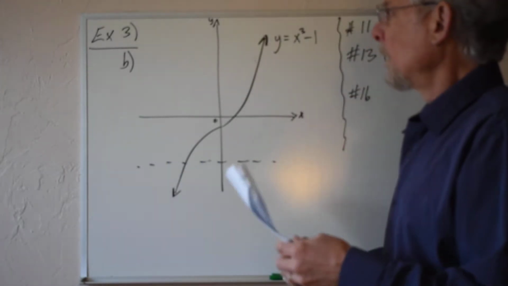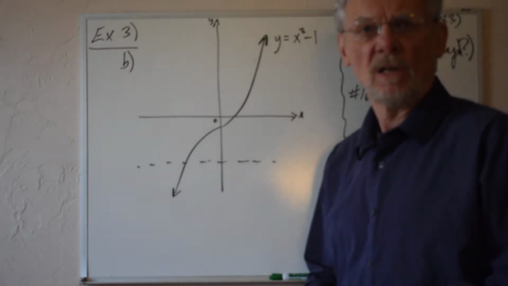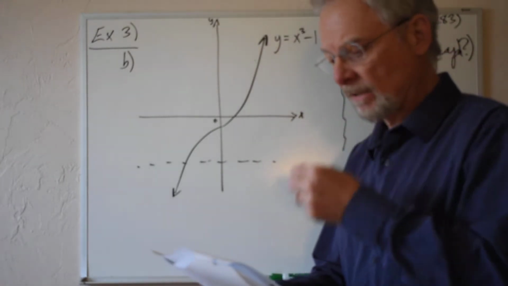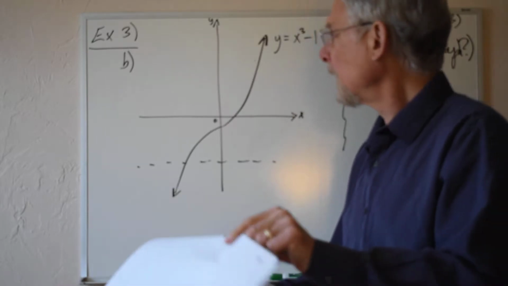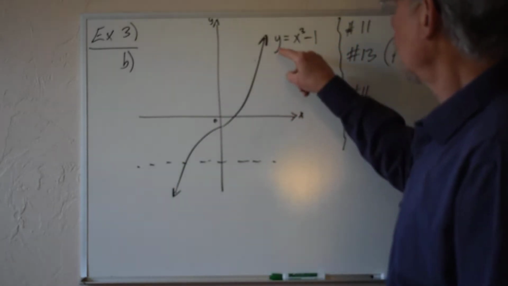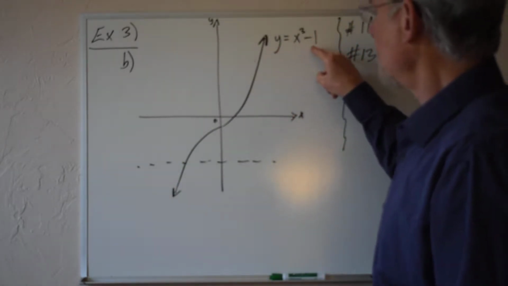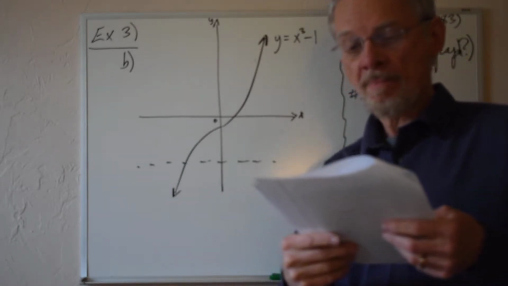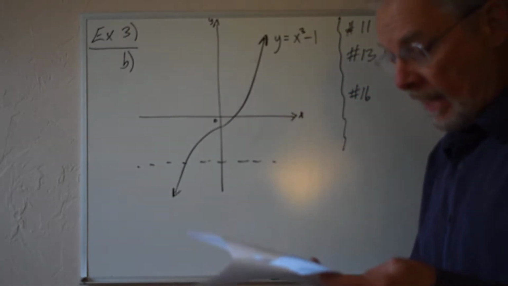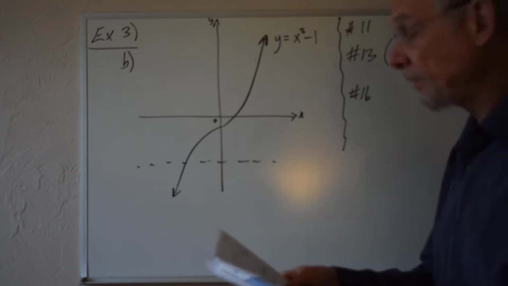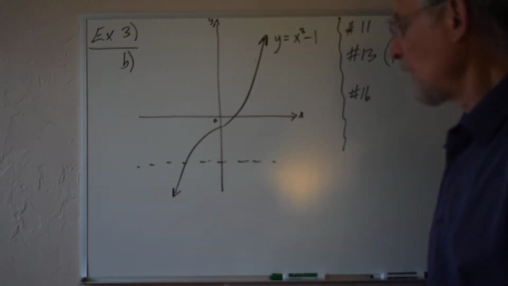Okay, let's look at part B of example 3. Here we have the function y equals x cubed minus 1, and we want to know, is it 1 to 1?